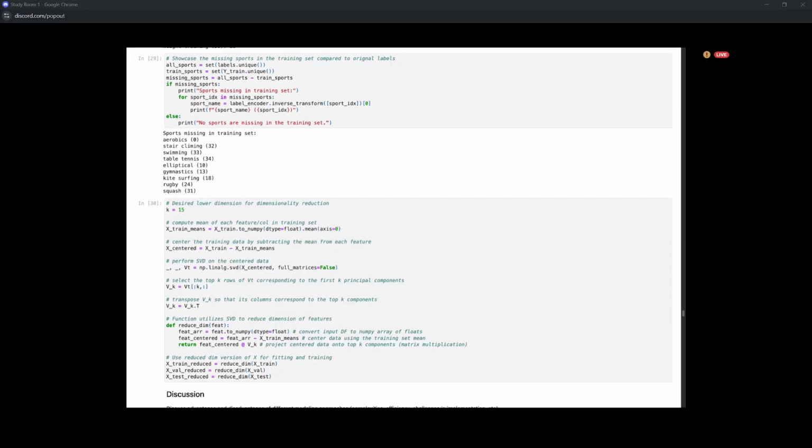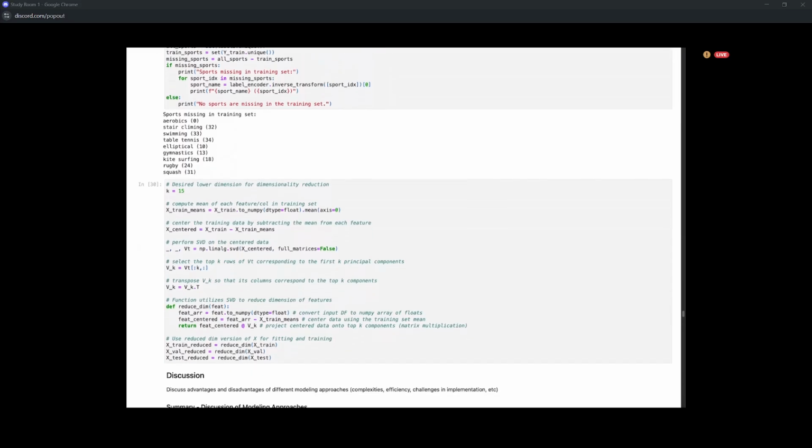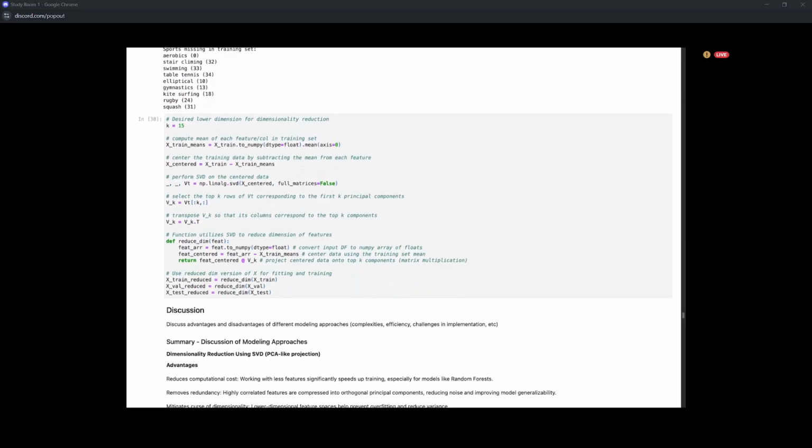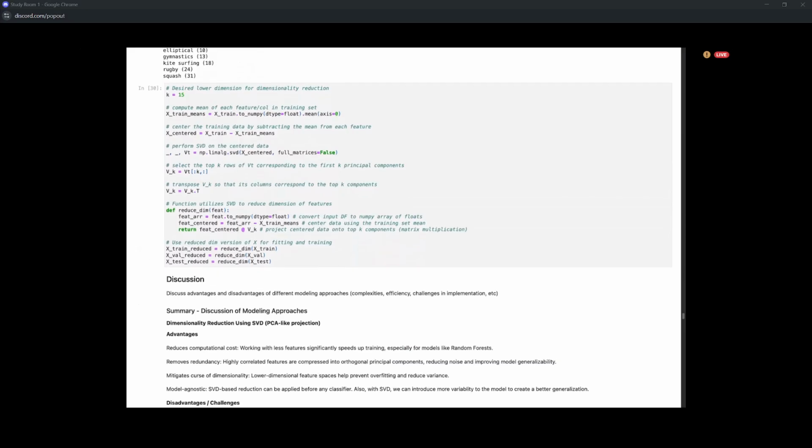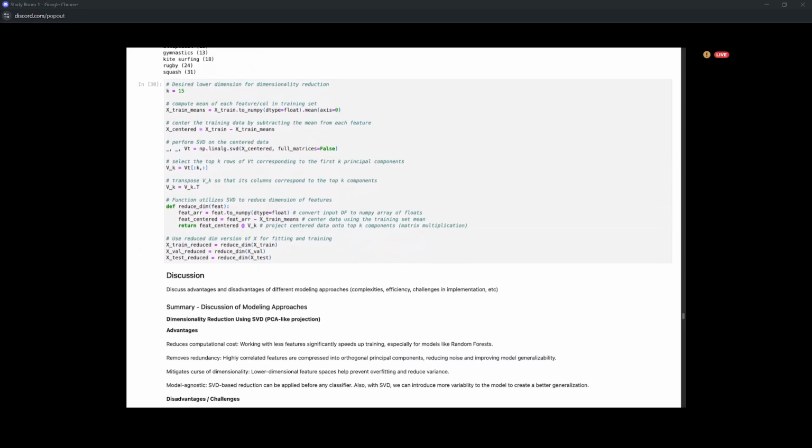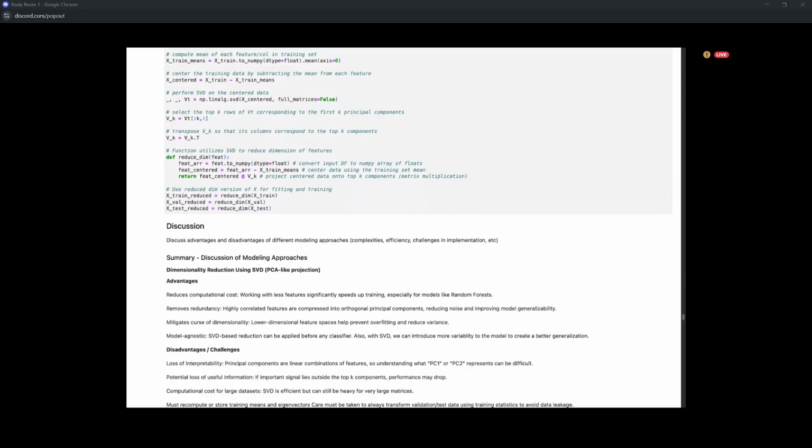So before we put our data into the model, we want to reduce the dimension by using SVD. The dimension that we chose is 15, and the eigenvectors are extracted from the train set. We use those eigenvectors to do matrix multiplication on the train, validation, and test sets.